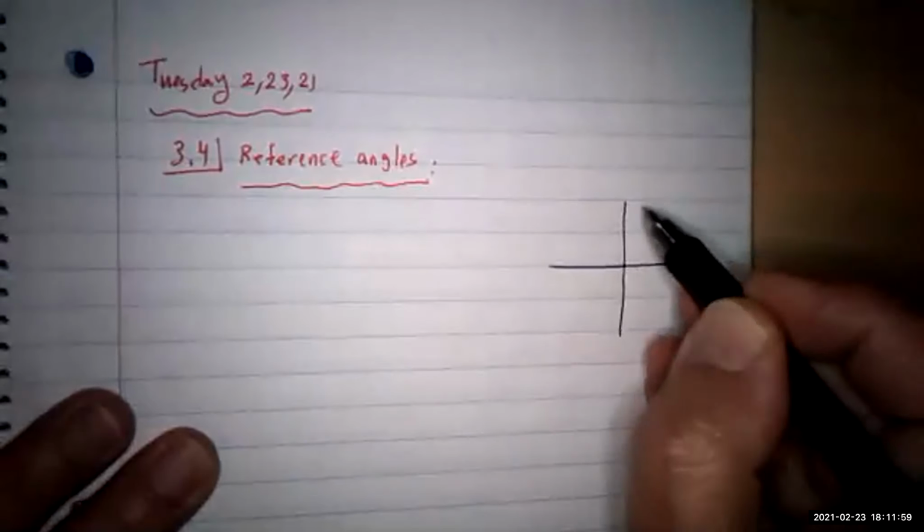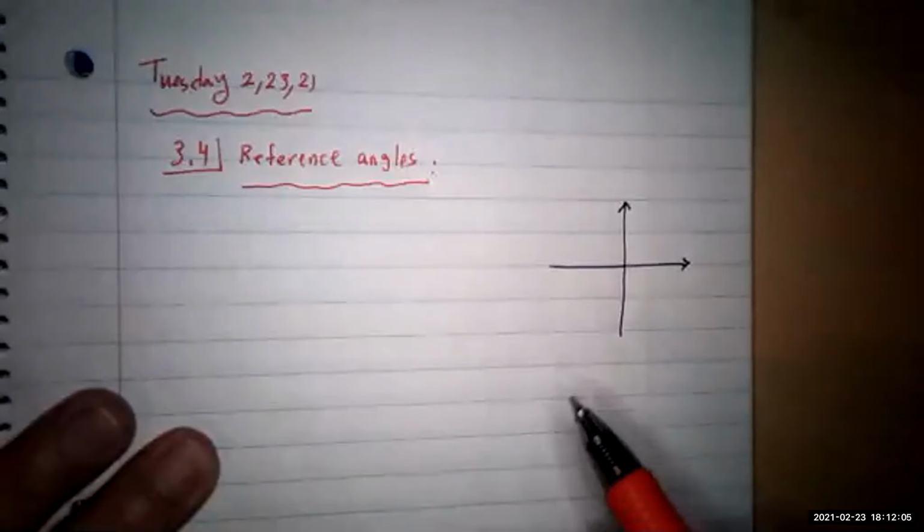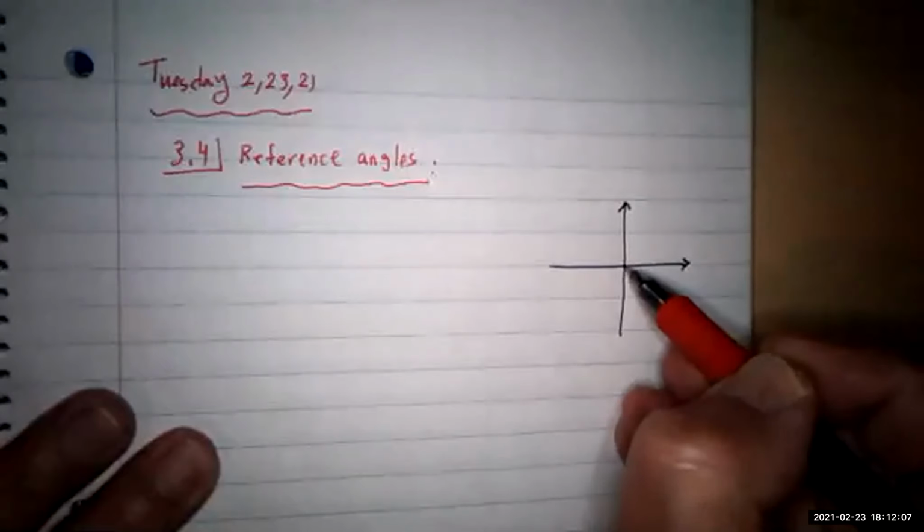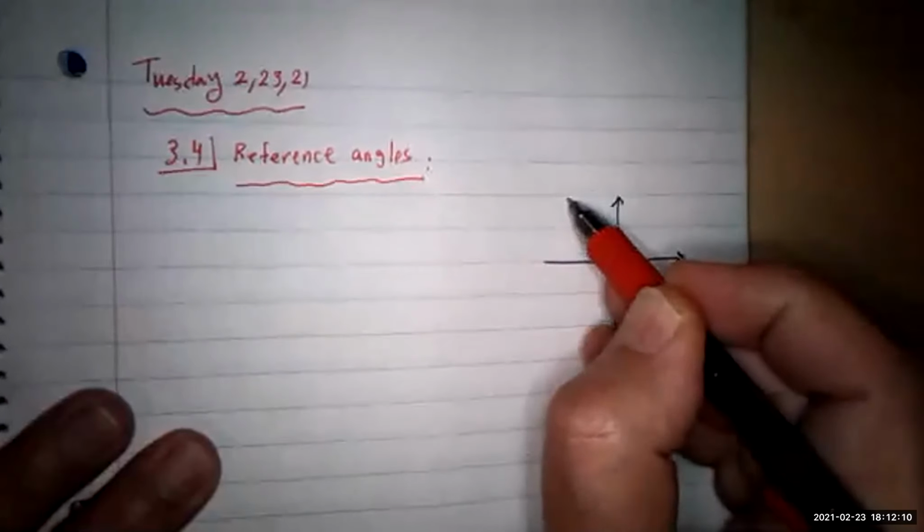When we consider an angle in standard position, look at this angle. This is the XY plane, and suppose this is an angle that you're going to have.